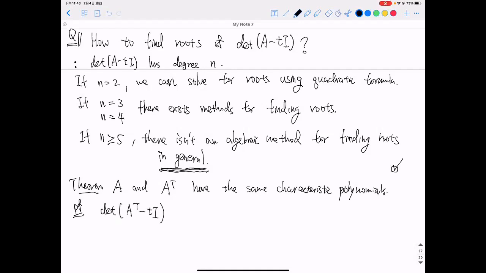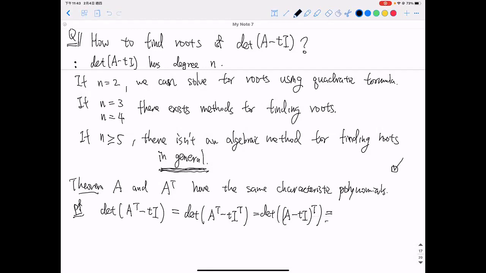Okay, so this is very easy to see because the characteristic polynomial of transpose of A is this. And because t times the identity matrix is actually diagonal, it is equal to its own transpose. So you can therefore write this as the determinant of the transpose of A minus tI.